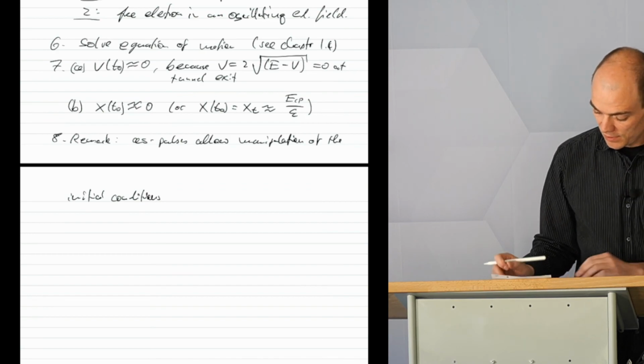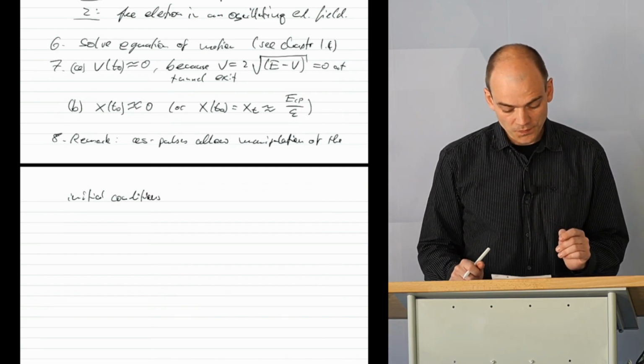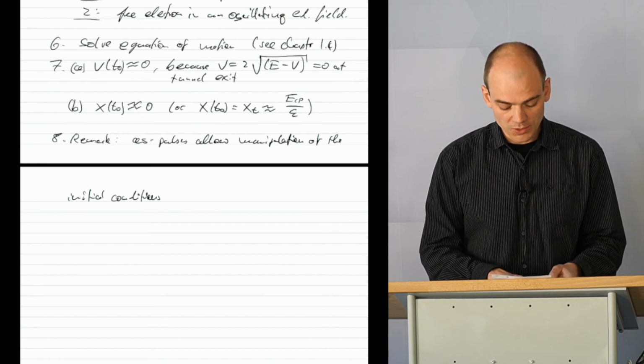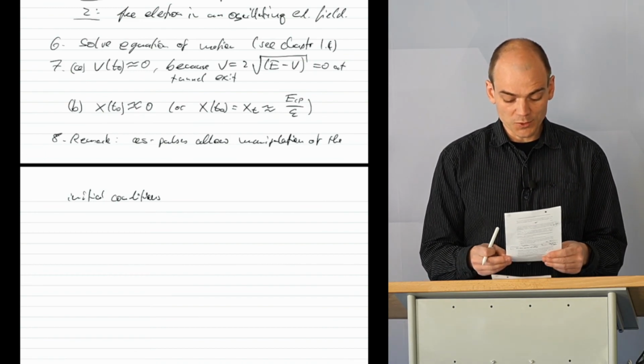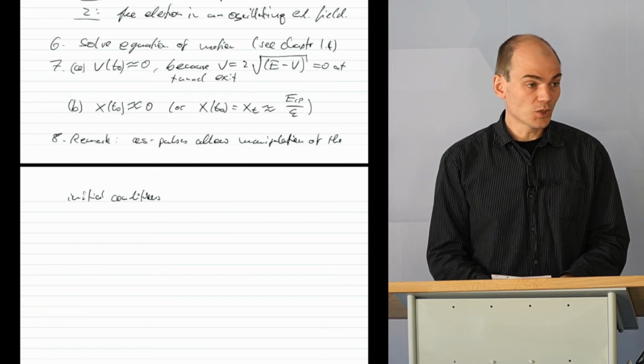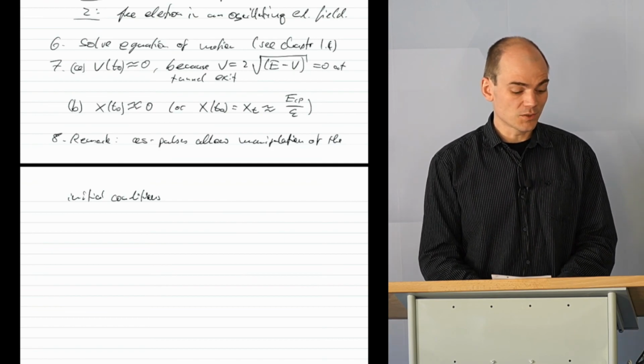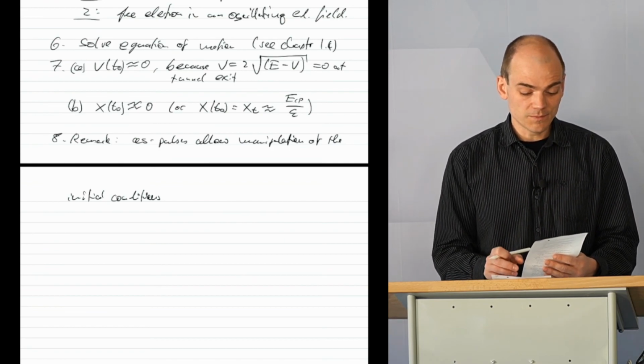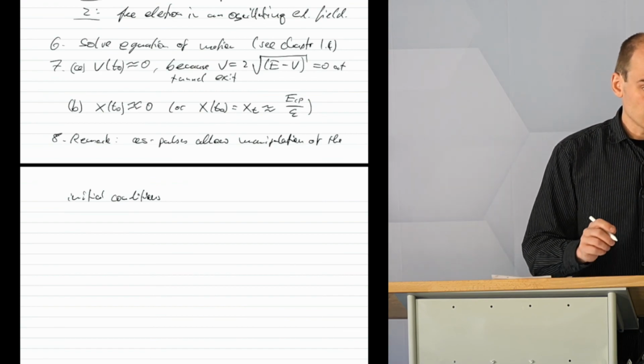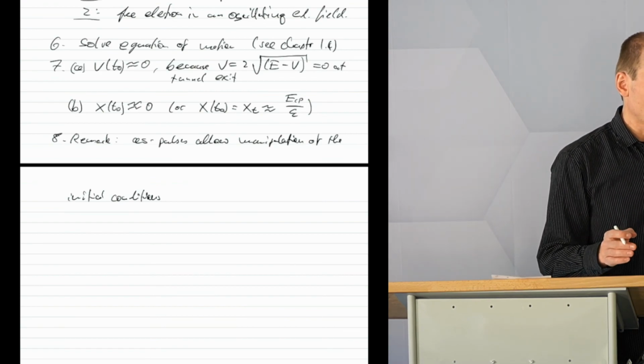The second remark: the question is under what conditions the electron is most likely to tunnel. This is of course when the field is maximal.